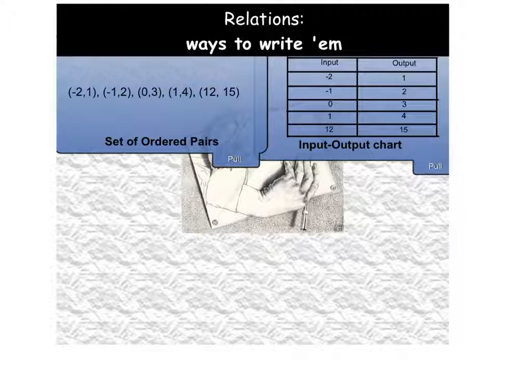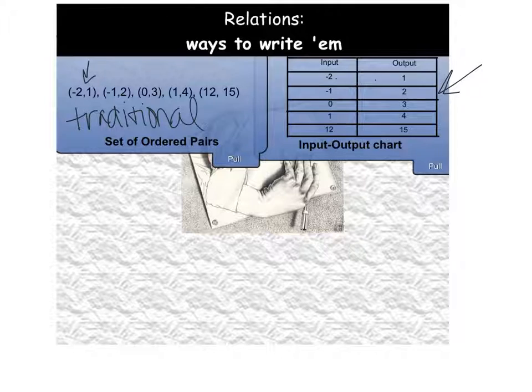Now, I said to you earlier when we talked about relations that a relation is a set of ordered pairs, and we might write them very traditionally. This is very traditional, right? You all are used to seeing ordered pairs written this way. But we might also take those traditional ordered pairs and put them into a chart. Okay? Notice I started with -2, 1 over here. I have -2, 1 here. Instead of it being written as an ordered pair, it's written in an input and an output table.